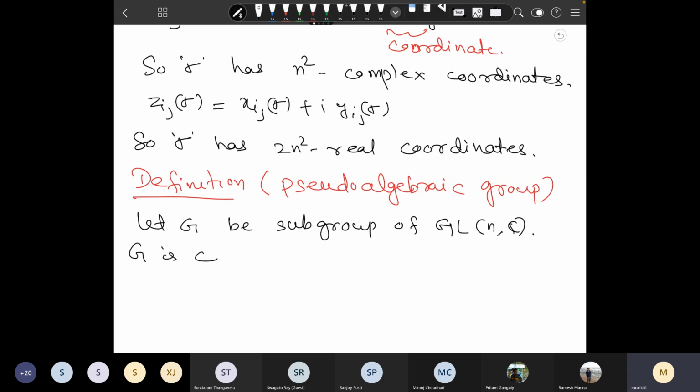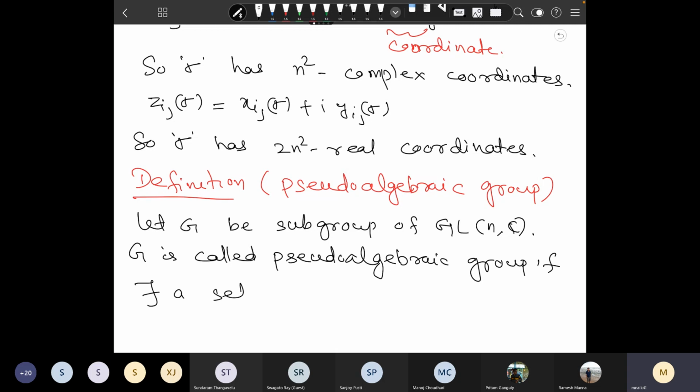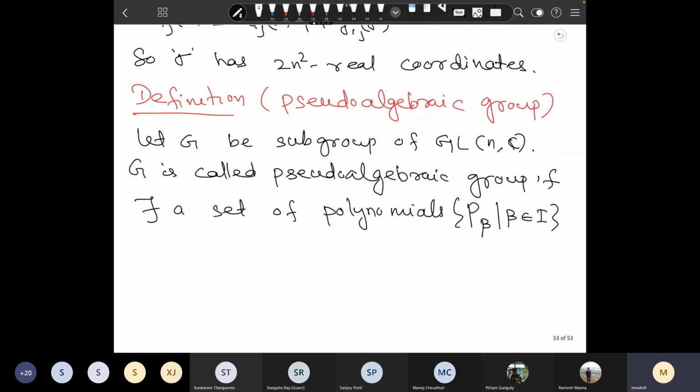G is called pseudo algebraic group if there exists a set of polynomials p beta, beta belonging to some index set I. Remember sigma has 2n square real coordinates.